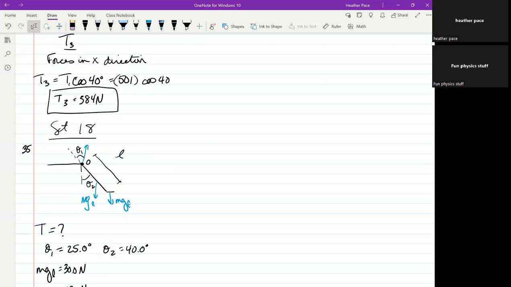We're going to get 501, what we found first, times cosine of 40 in our calculator, and we get 384 newtons. That one's done.